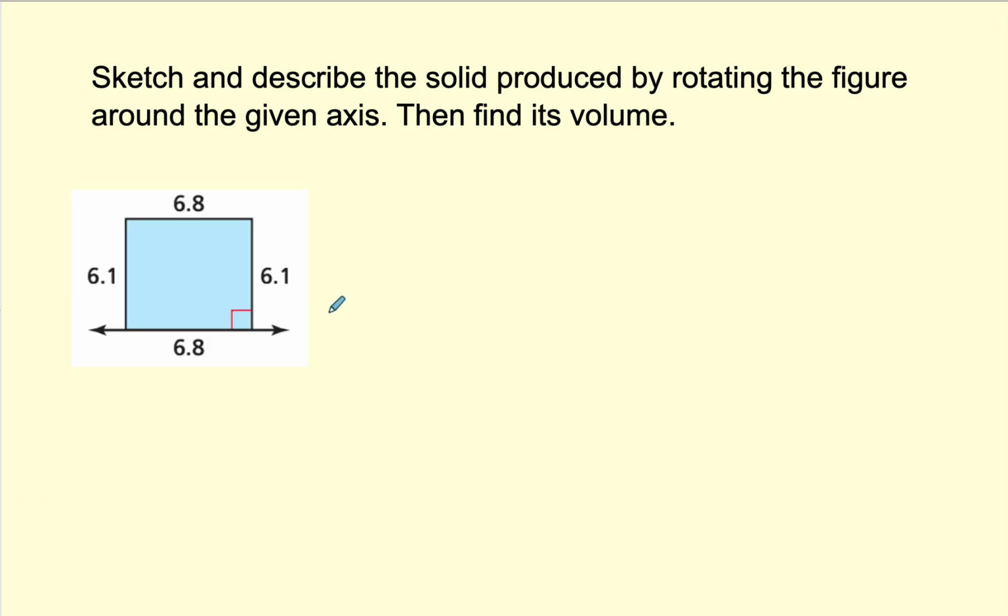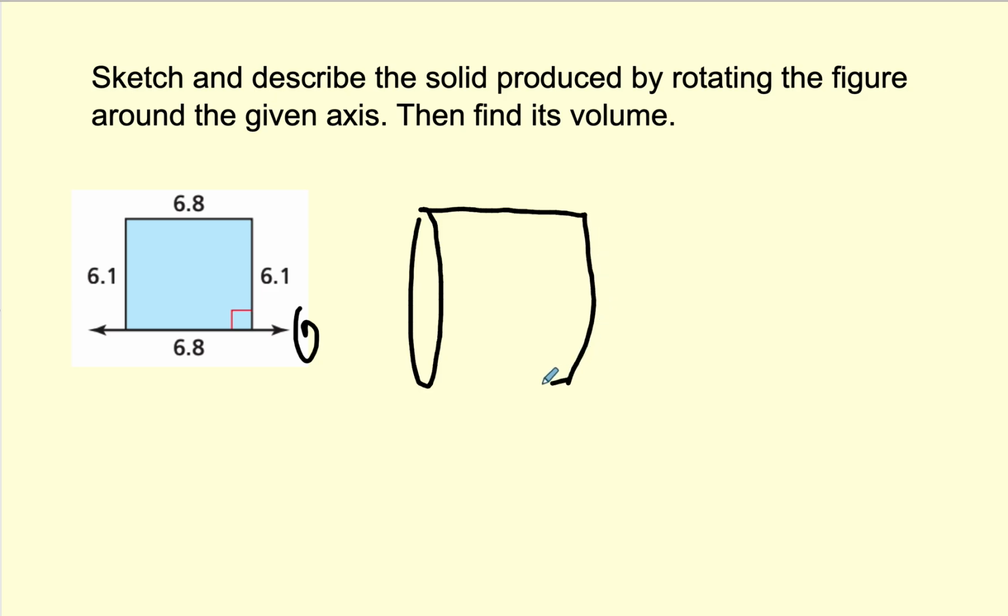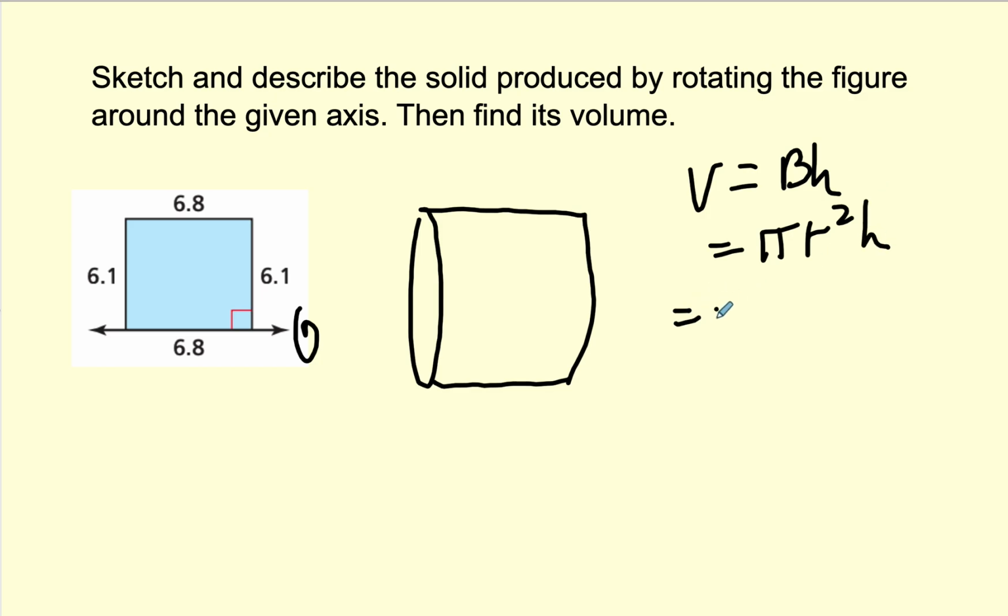Okay, let's do it again. This time we're going to revolve this way, and that's going to create a cylinder that looks like that. So the volume is equal to the area of the base times the height, pi r squared h, and our radius is now 6.1 squared, and our height is 6.8.